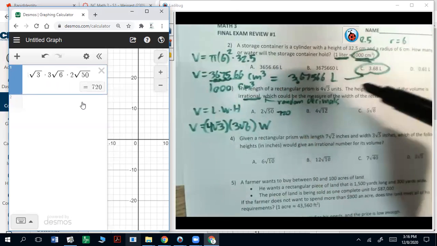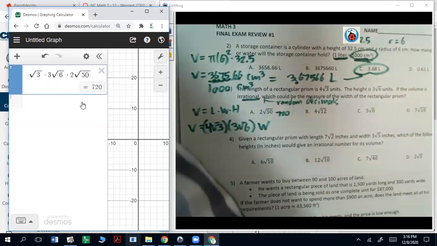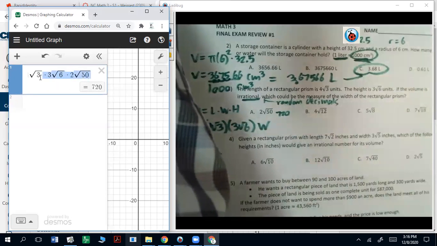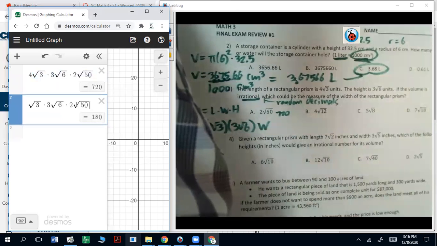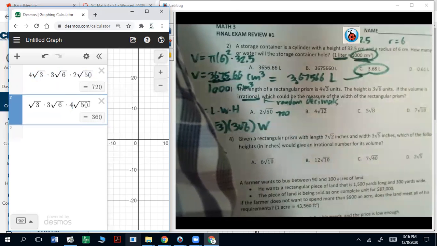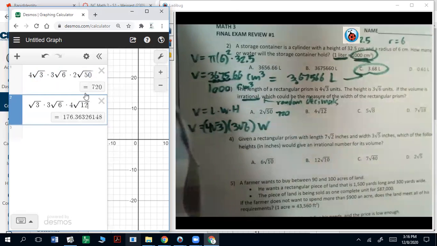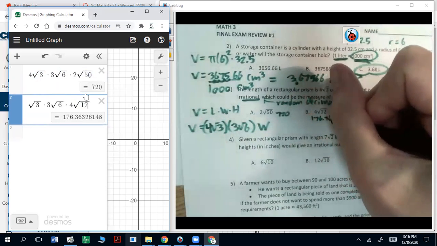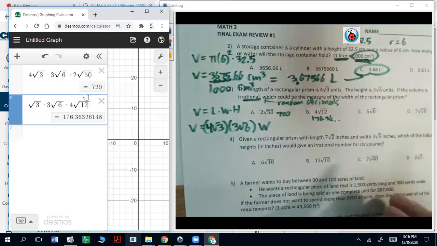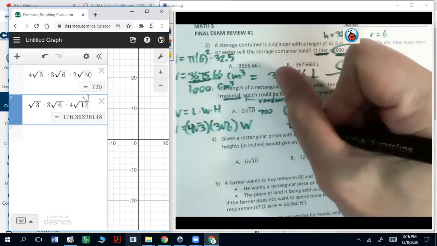That's rational. So if you go through and you test all the rest of them, so 4 square root of 12, that's 176.36, so on and so on. That's irrational. That's your answer.